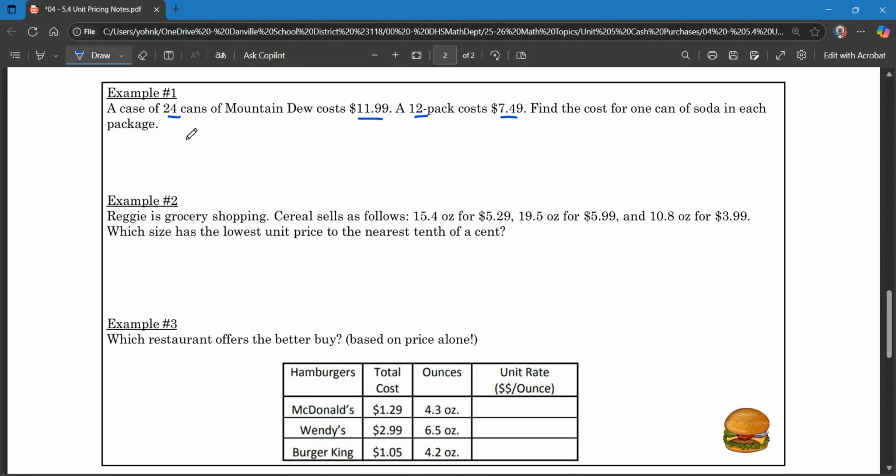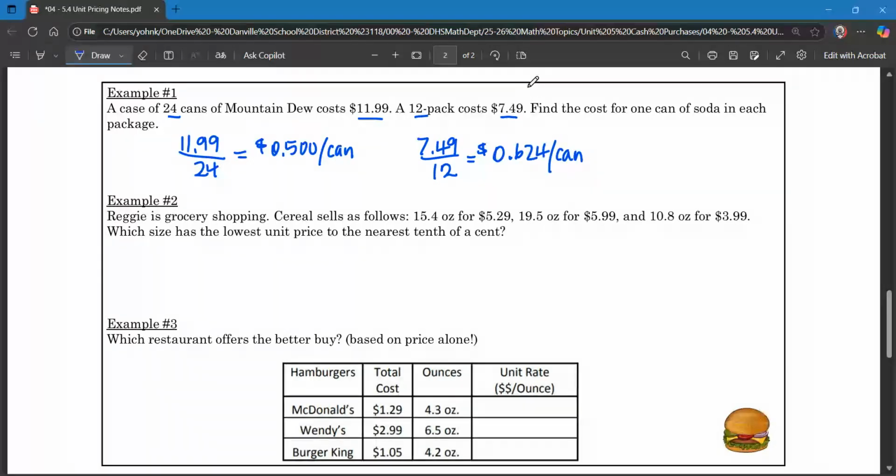So the first one is $11.99, and you get 24 cans. So that comes out, to 3 decimals, to $0.500 per can. If I do the second, the price is $7.49, I divide it by 12, and I get $0.624 per can.